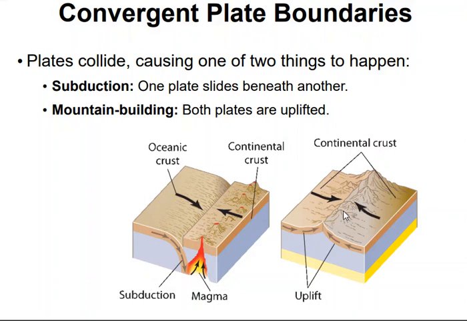They are the result of the Indian-Australian plate's collision with the Eurasian plate 40 to 50 million years ago. To this day the Himalayas are still uplifting, slowly getting higher, because the mountain is still building. So those are the different convergent plate boundaries.